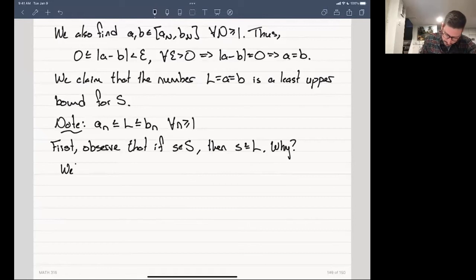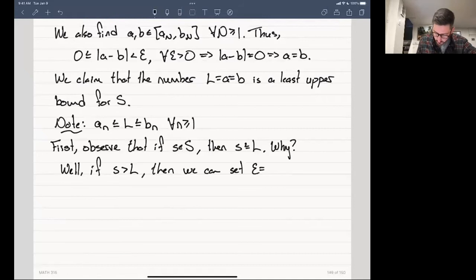Well, if S is larger than L, if S is larger than L, then we can set epsilon equal to S minus L over 2.